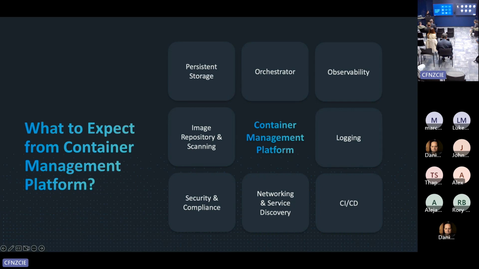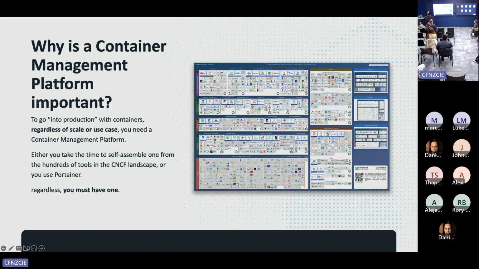So what would you expect from a container management platform? Obviously, it needs to support the orchestration, which could be Swarm or Kubernetes, monitoring and logging, CI/CD, networking, all these things. These elements are to be expected. So then the question is, why is a container management platform important?